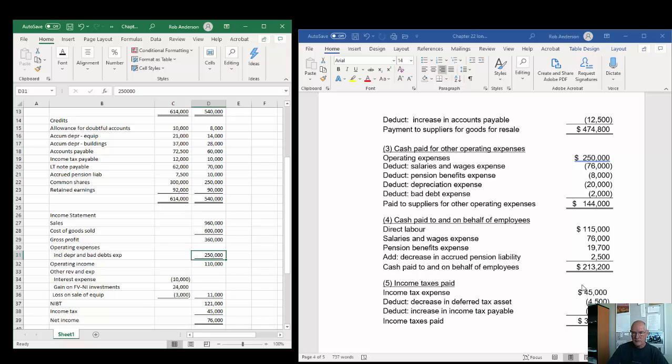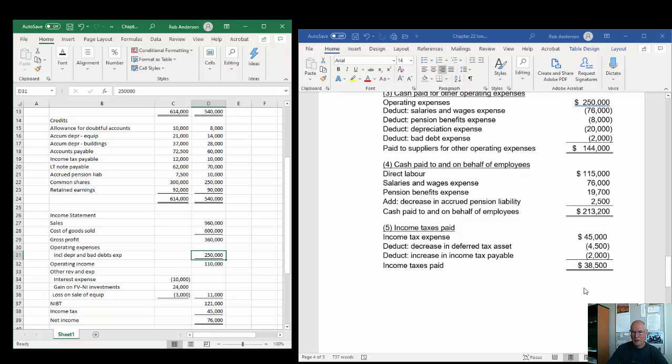Now, in terms of tax paid, this is slightly complicated. We could take our income tax expense right here, $45,000, and two things happened. Remember that deferred tax asset that decreased? That's using up your deferred tax asset instead of giving CRA money.